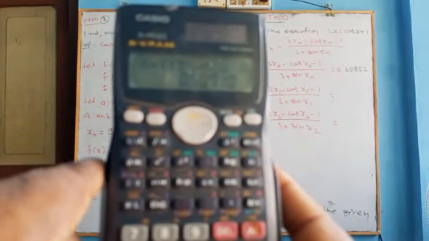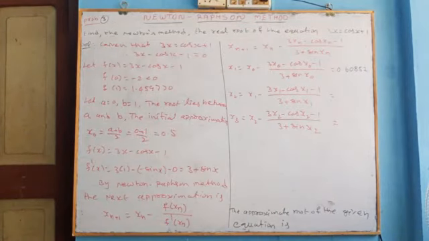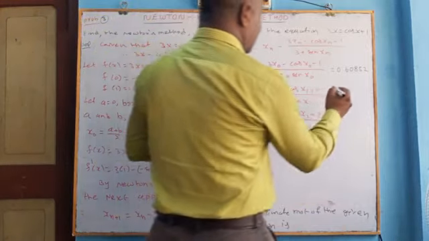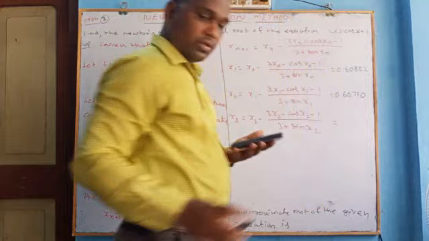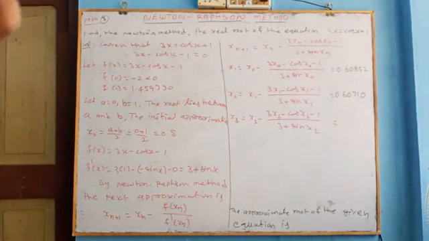The value is 0.60710. The next approximation you can calculate.